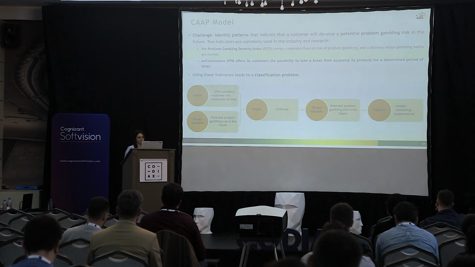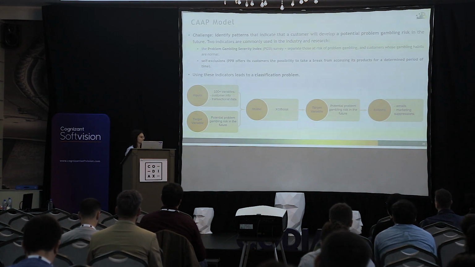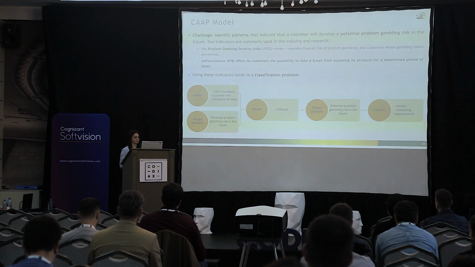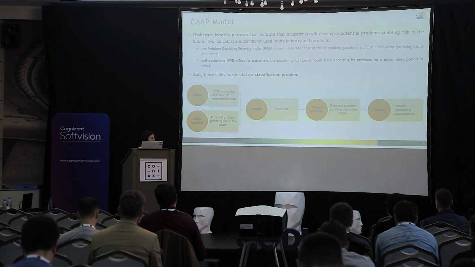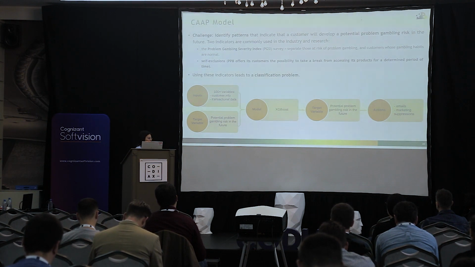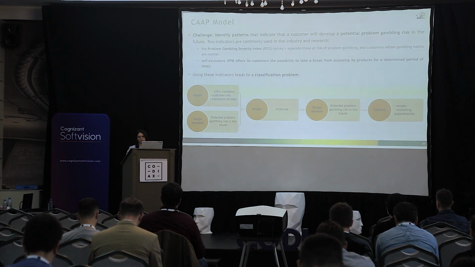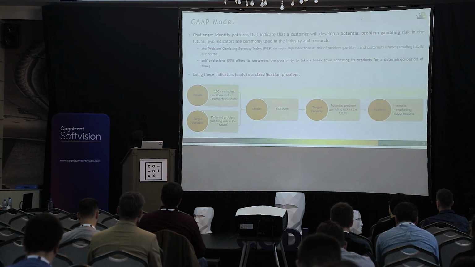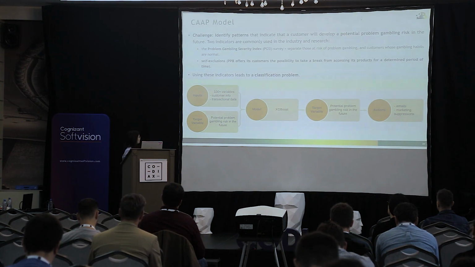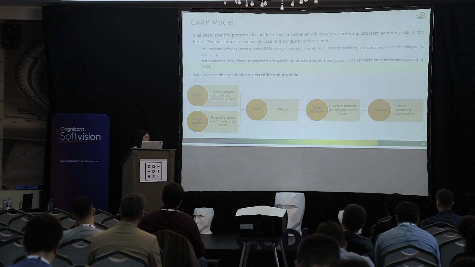The first one is the PGSI scores, which are given by a survey of questions about a customer's relationship with gambling. The other one is the self-exclusions, through which we provide our customers the possibility to take a break from using our products for a given period of time. Using these two leads us to a classification problem, and this problem is solved by having a machine learning model in place.